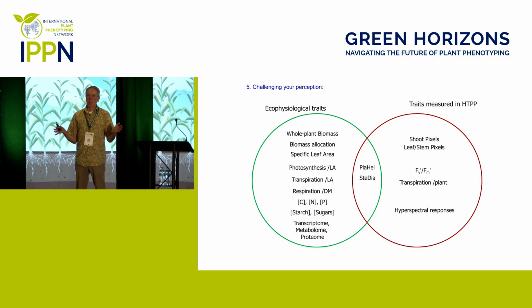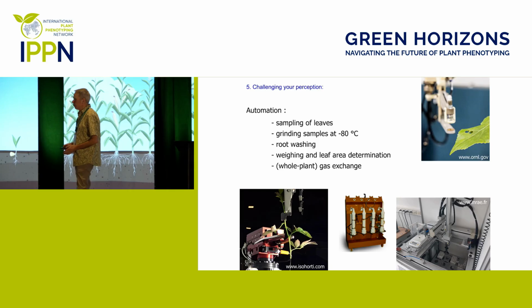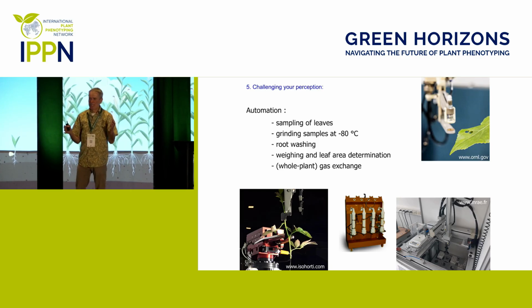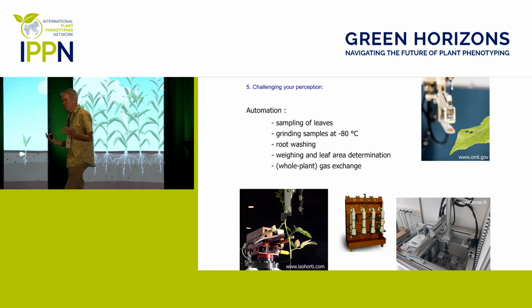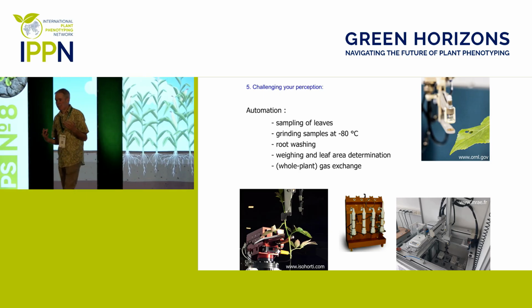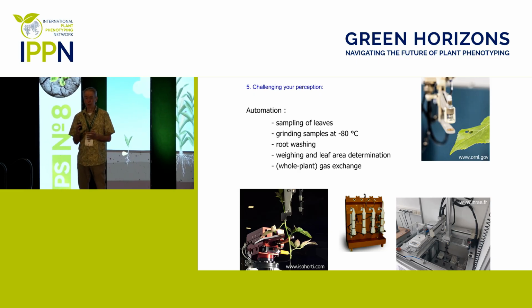But my wish, before I leave the floor, is: would it not also be possible, if we think about automation, to also think about automation that helps you in destructive measurements? Because is it really sufficient from a scientific perspective that you only watch the plants growing, or should you also chop them up?